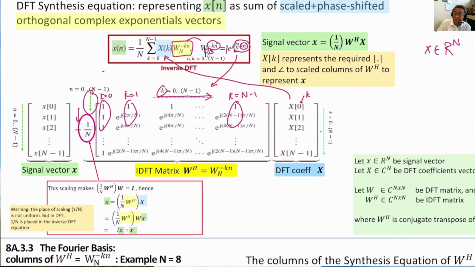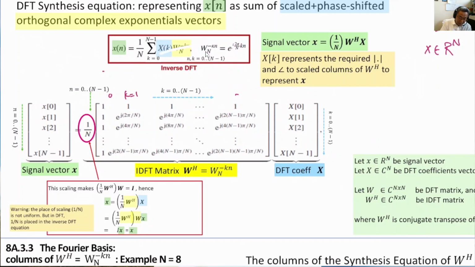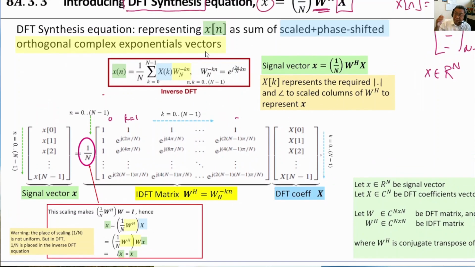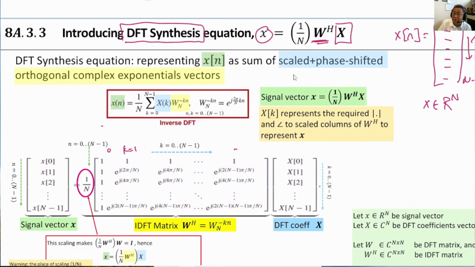Okay, so now we have this DFT synthesis representation. Let's just memorize this first, and now let's repeat what we understand. In the synthesis equation, we are representing the time vector as a linear combination of the Fourier basis.